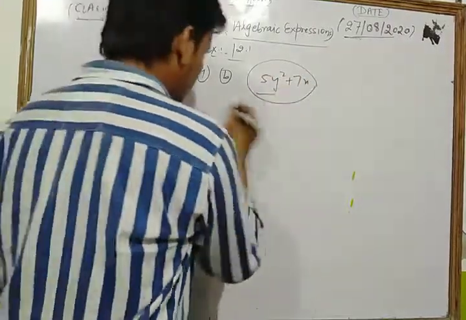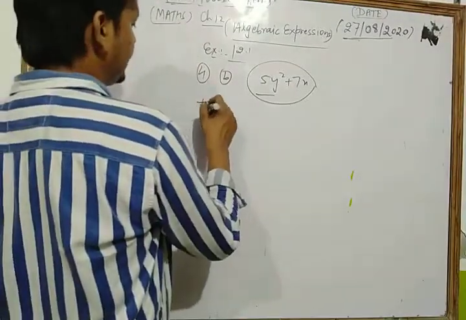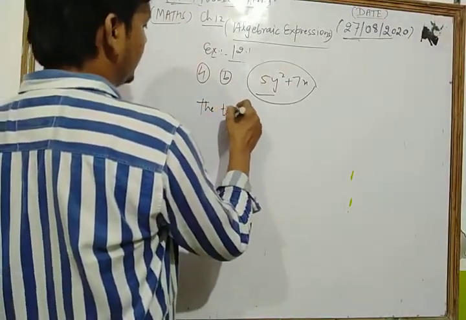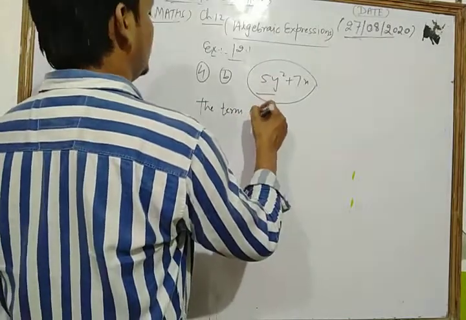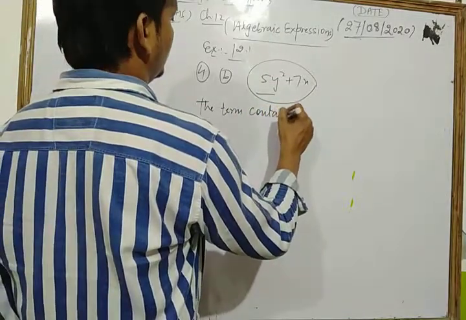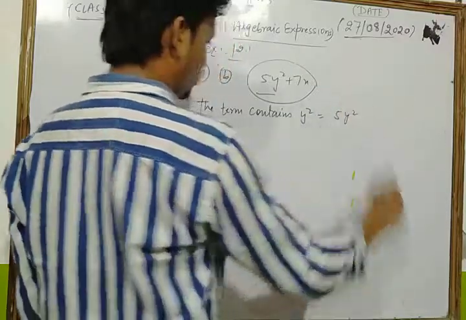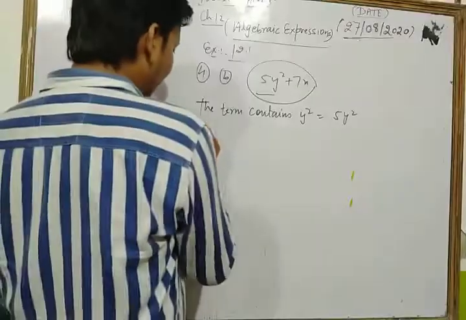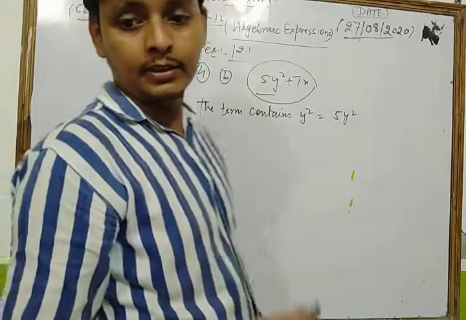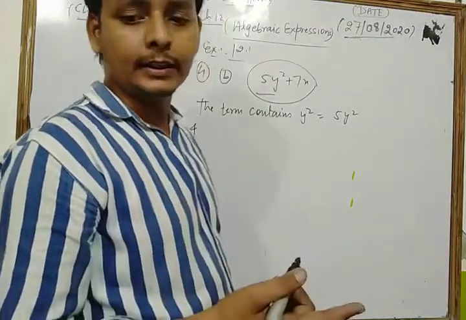So you write in this way: the term containing y square is 5y square. Then your next question is to give the coefficient of y square.